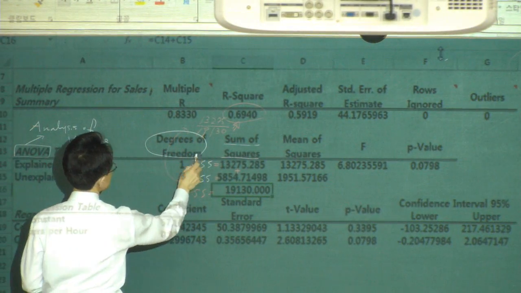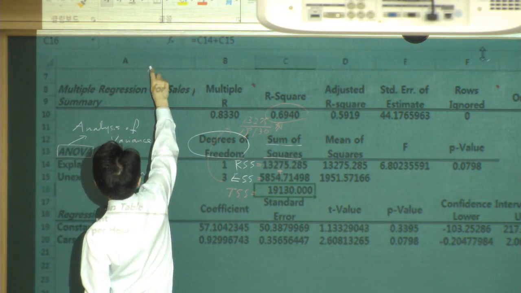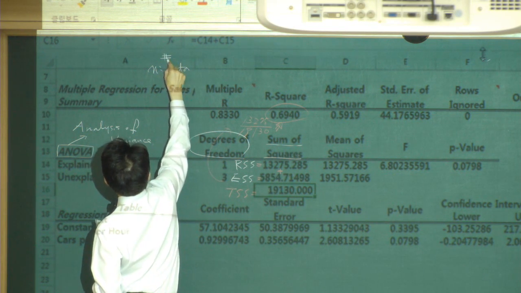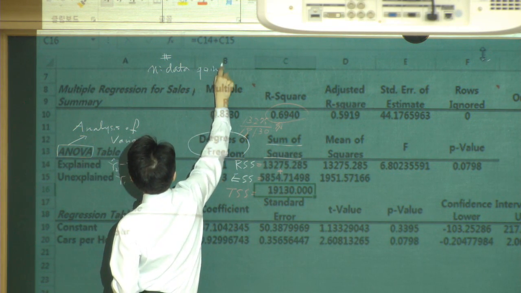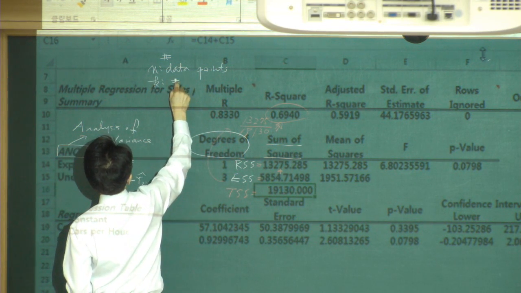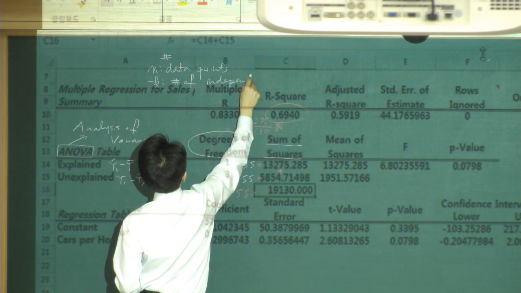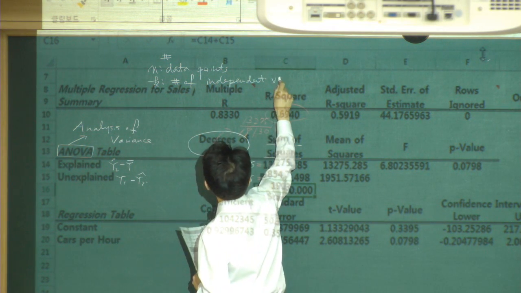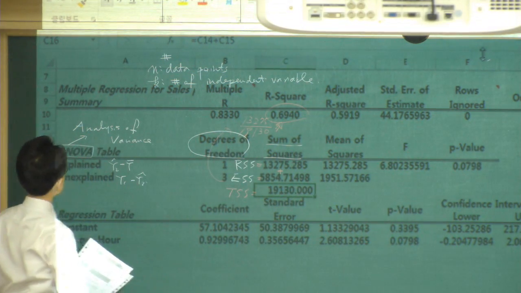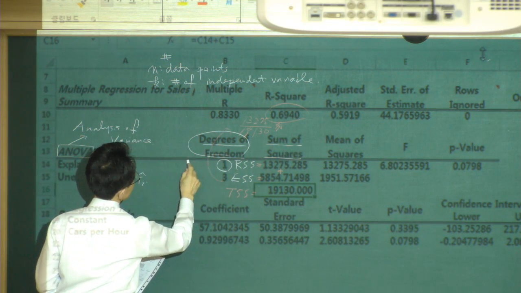Let's say we have n as the number of data points, and k is the number of independent variables.